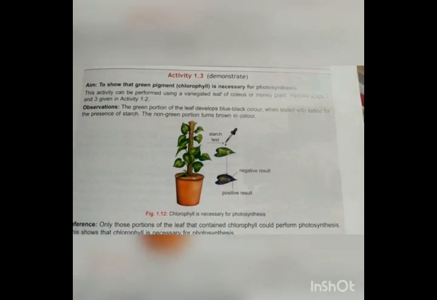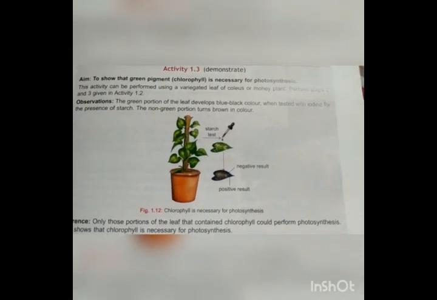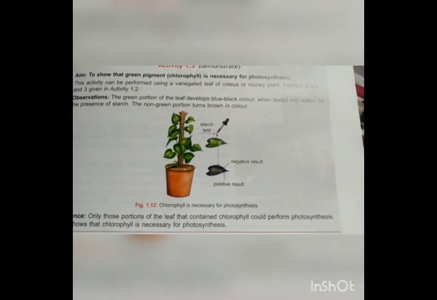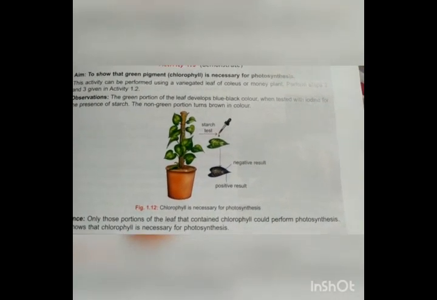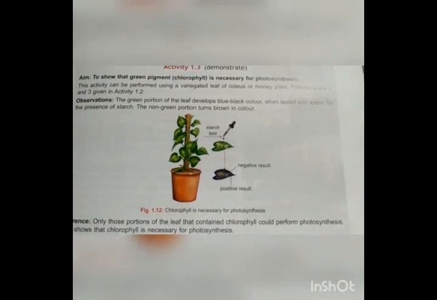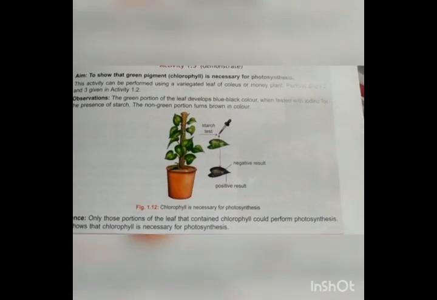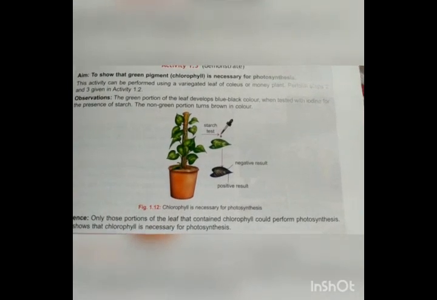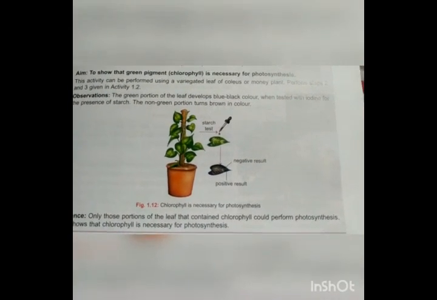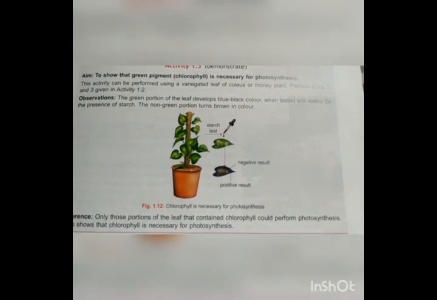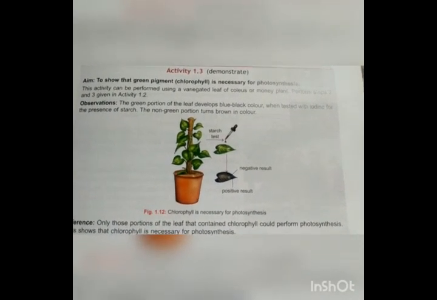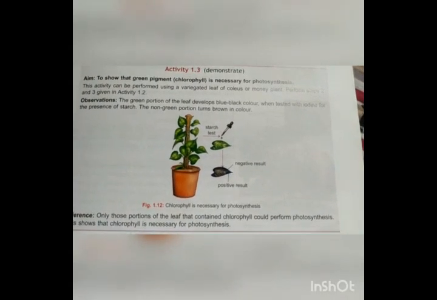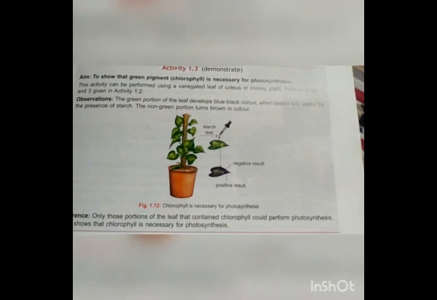Variegated leaves, you know, are colored leaves which have colors other than green, like yellow or violet. We keep the plant in the sunlight for 3 to 4 hours, and then pluck one leaf and put iodine solution on it, so that we can test the formation of starch, that is, where photosynthesis is taking place.